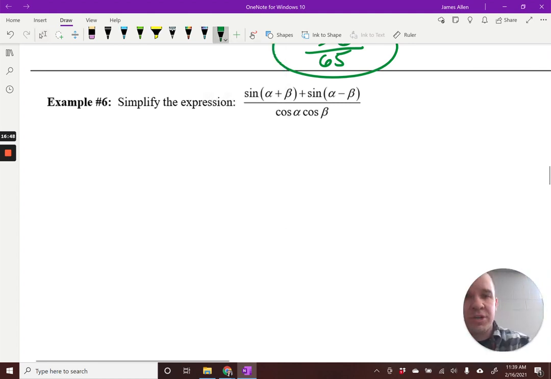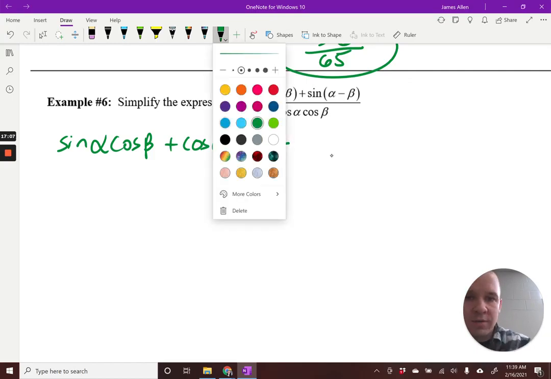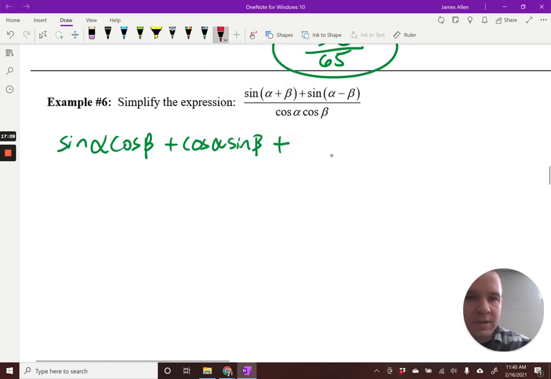And just to keep things fresh and exciting, I'm going to change colors. Okay, so for my first expansion here, I'm going to have sine of alpha cosine of beta plus cosine of alpha sine of beta plus now my second expansion, and maybe I'll change colors for that so we can see the difference.